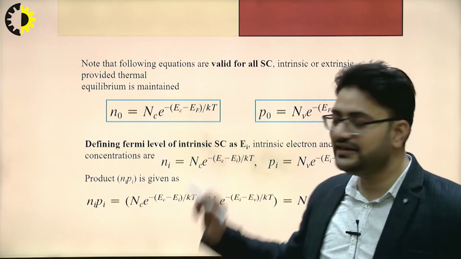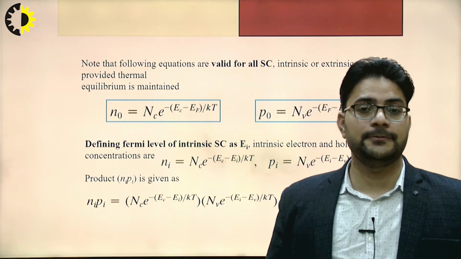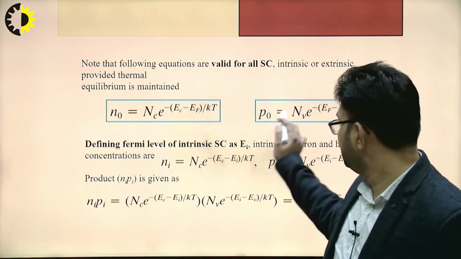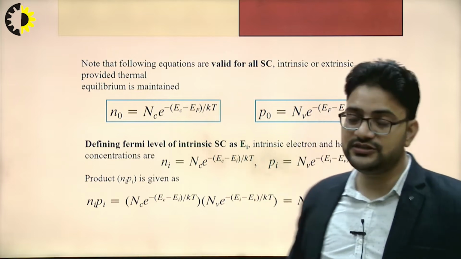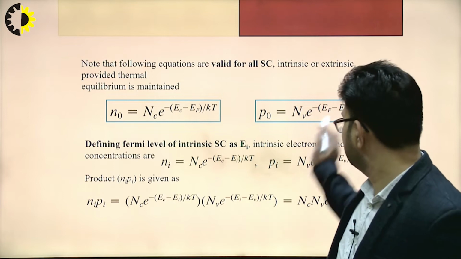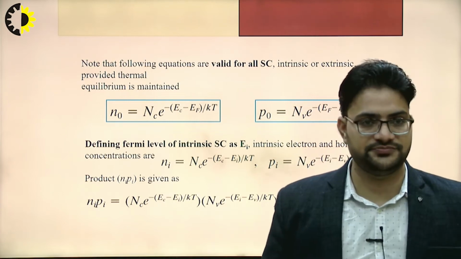And K denotes the Boltzmann constant. Similarly, Ev denotes the valence band energy level.